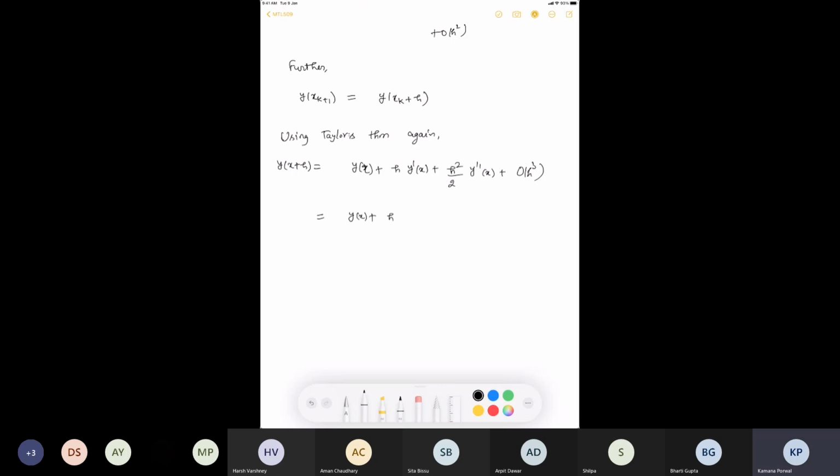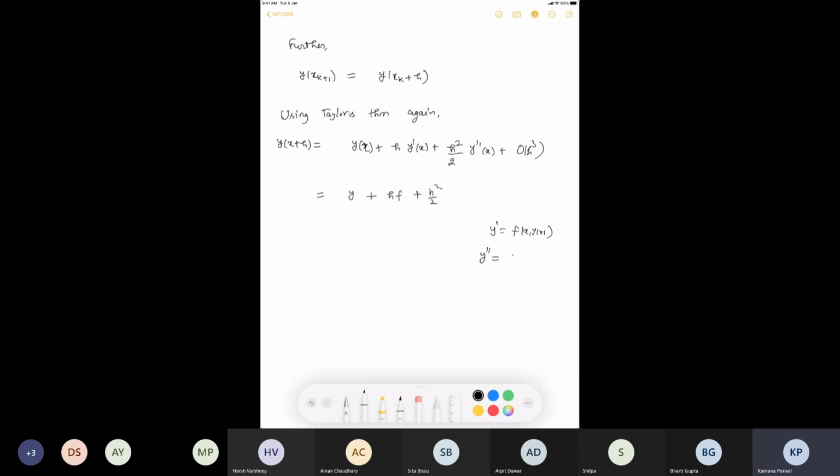Second term, y prime: we already know that y prime is f of x, y, so this is h f evaluated at x comma y. Let me again skip writing all the evaluations. Then h square by 2, and what is going to be y double prime? We have already done this before.